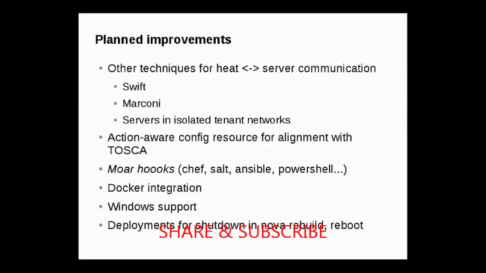I haven't mentioned Tosca yet. So there'll be one more software configuration resource type, which is action aware, which means you'll be able to specify a different configuration script for each heat action, like create, update, suspend, and group it all into a single configuration resource.